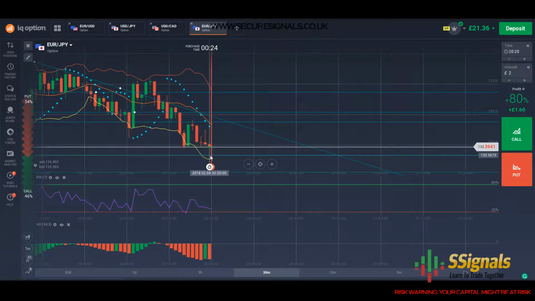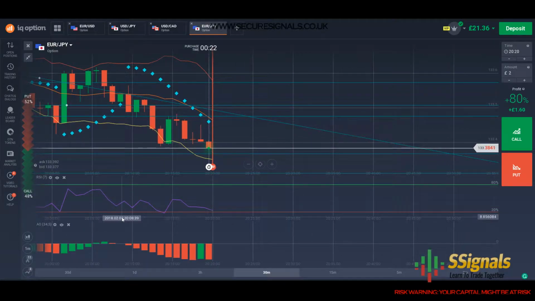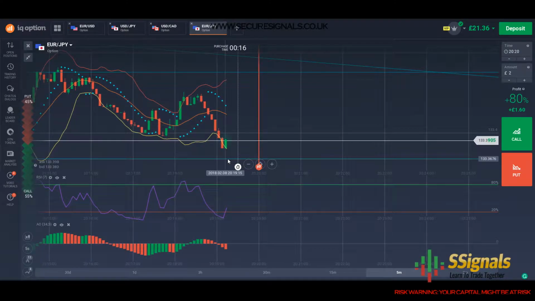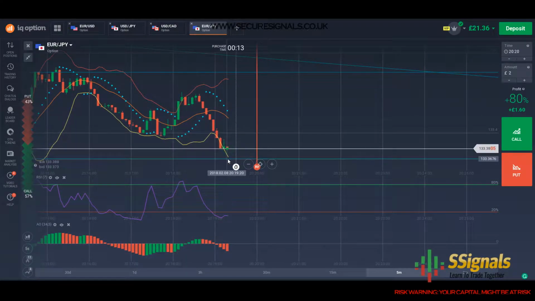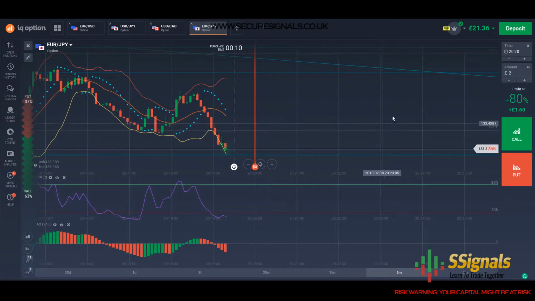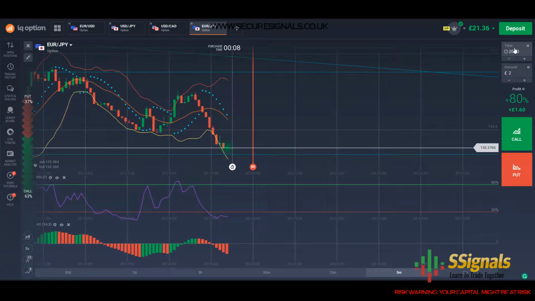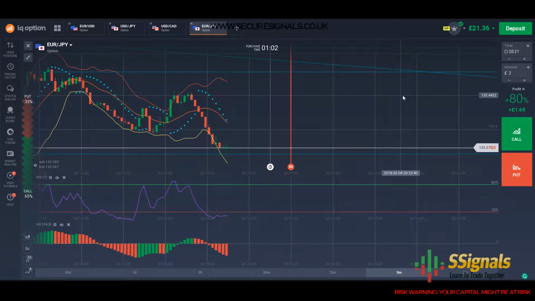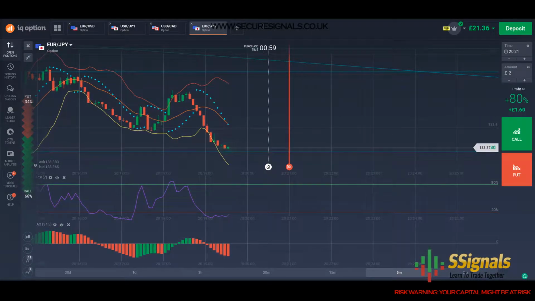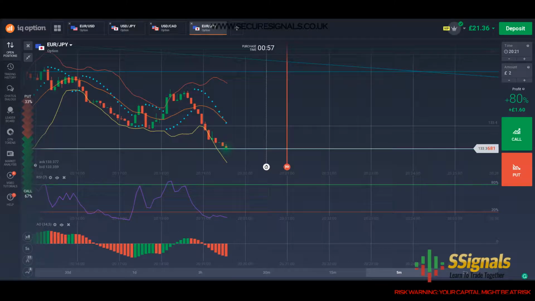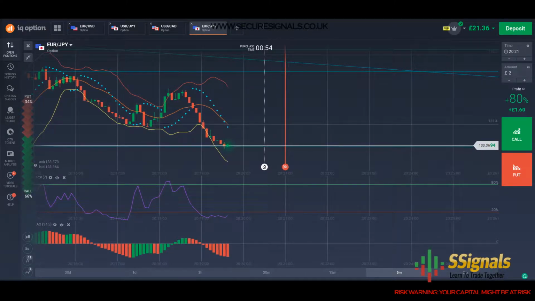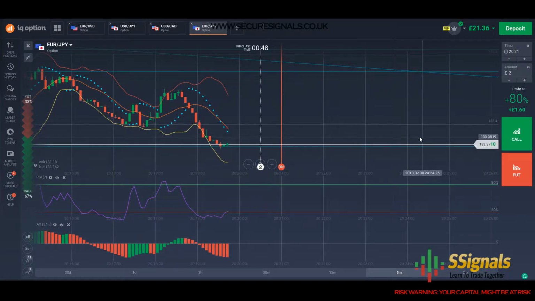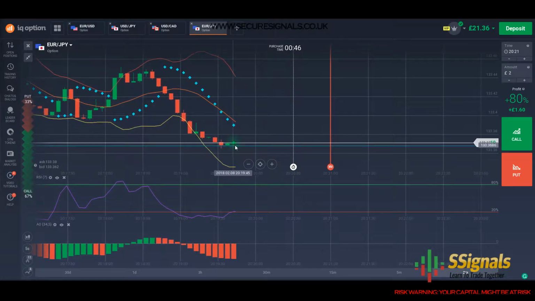Just waiting for a touch down here, and then I'm going to enter a call. Okay guys, it's reaching, so prepare your call. This will be for 2021. Okay guys, it's touched the blue line. As soon as I get a nice confirmation on the 5 second, I'm going to enter.